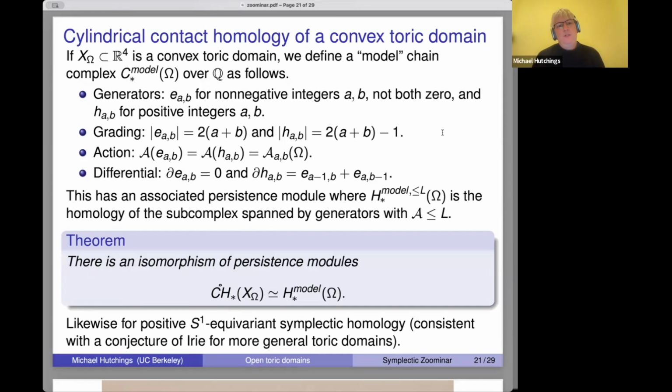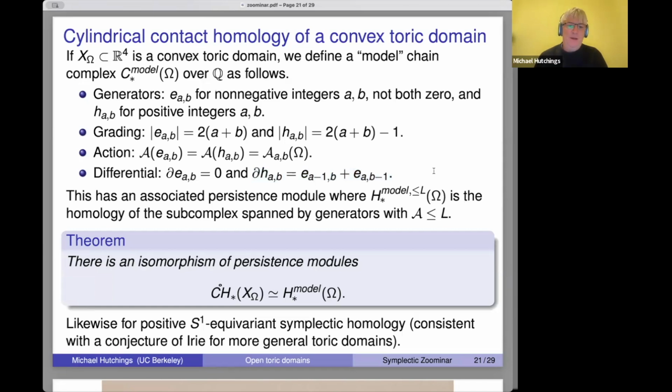So associated to this chain complex, there's a persistence module, where the vector space associated to L is the homology of the subcomplex generated by generators with action less than or equal to L. It's an exercise to check that this differential decreases the action. If it didn't, then I'd be in trouble.